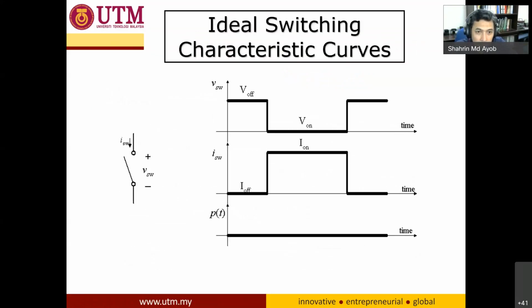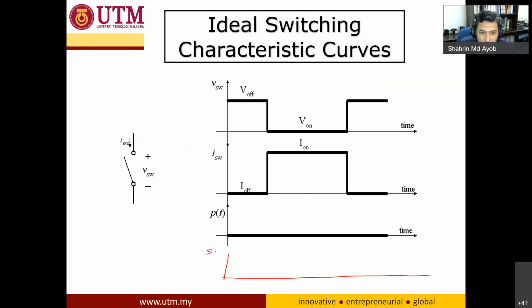So this is the waveform that shows the characteristic of the ideal switch. For example, this is the switch, and you can see that we have current flow, and you have a voltage across this switch. I think I need to draw one more waveform here.